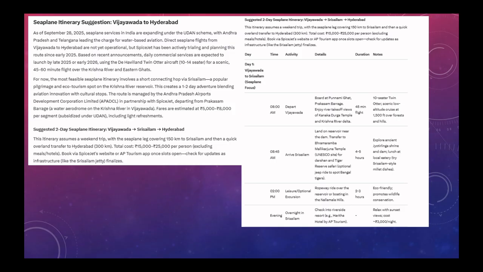So the LLM is hallucinating an impossible option, or the LLM itself went ahead and hallucinated, and it also created a hallucinatory itinerary plan, including the costs.